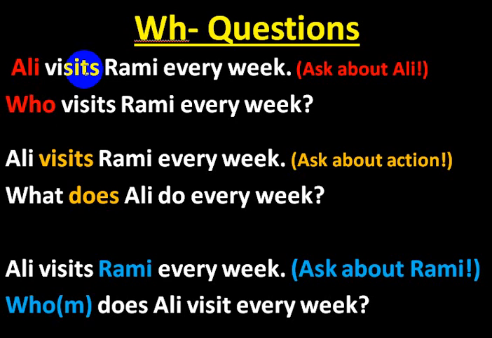The verb is simple present tense. And you want to ask about Ali, there is no need to use auxiliary verb, because I'm asking about the subject and the verb is in its simple form. So I say, who visits Rami every week?